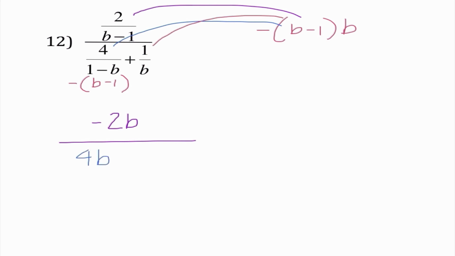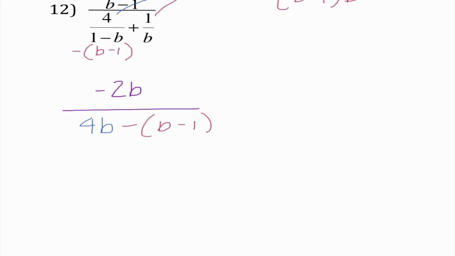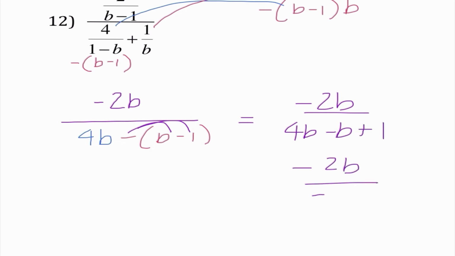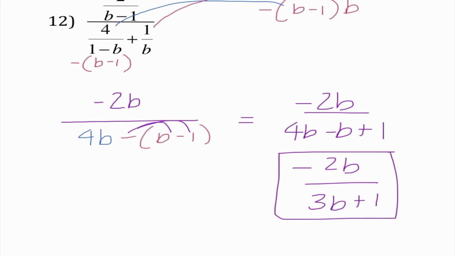When I distribute to this final term, my b's cancel out, so I'm left with minus b minus 1. So if I'm simplifying this, okay, I have negative 2b over 4b minus b plus 1. So negative 2b over 3b plus 1 is my final answer.